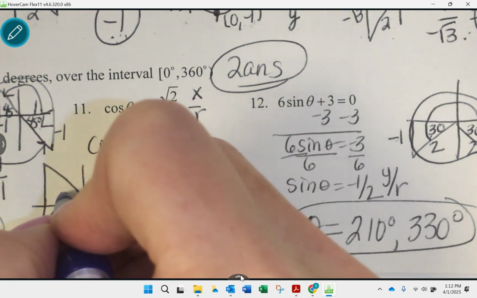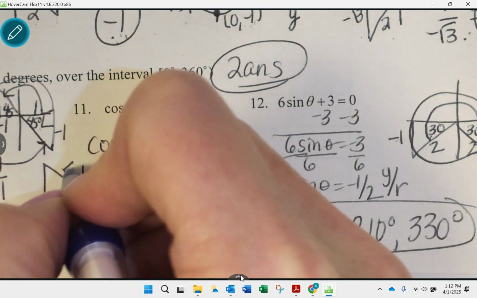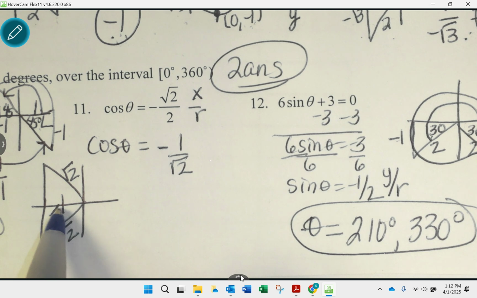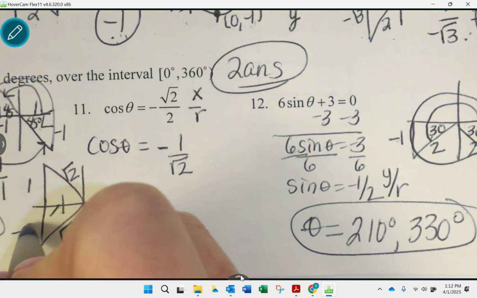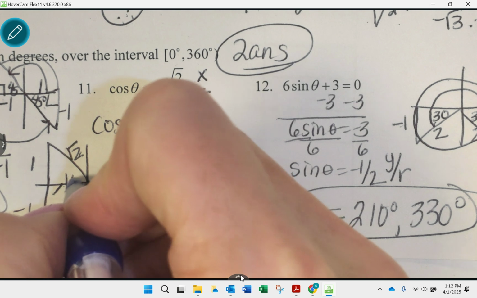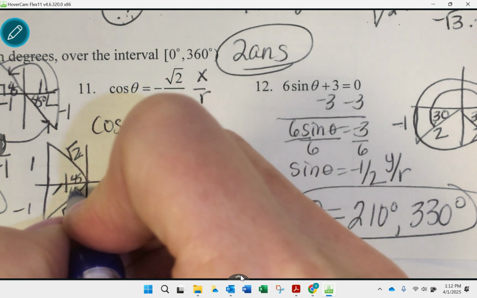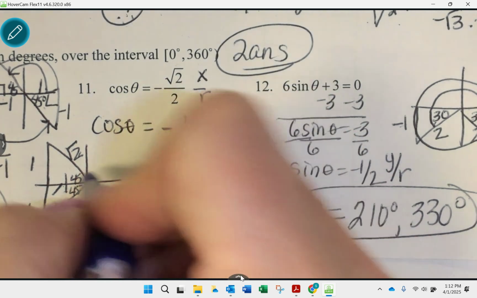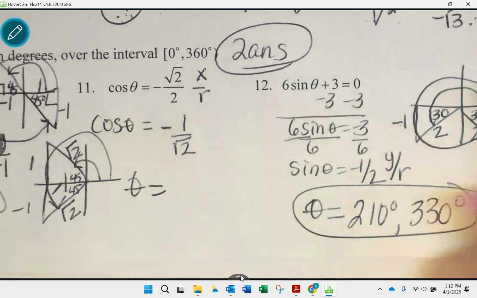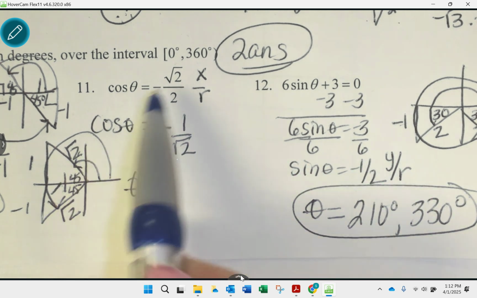So we know x is negative 1, r is radical 2. What's the triangle that goes 1, 1, radical 2? 45. So this is 45 and this is 45. Can you guys figure out what that angle is and what that angle is? Because there's 2 places it's going to work.